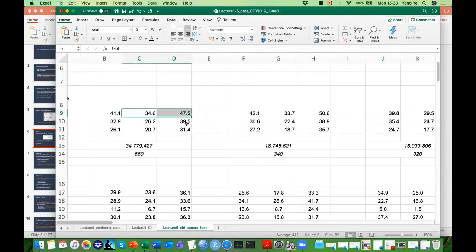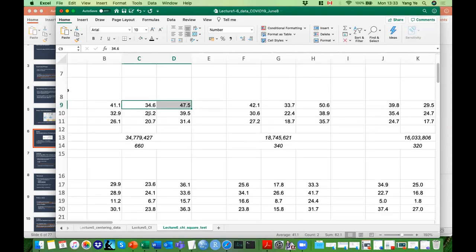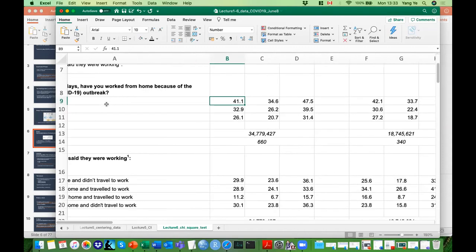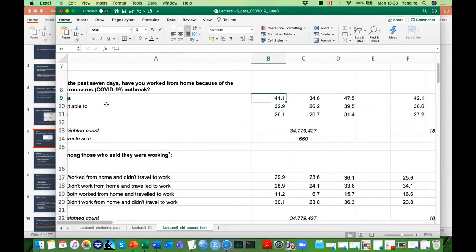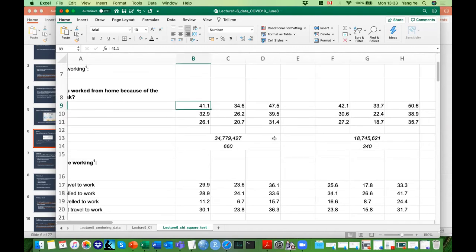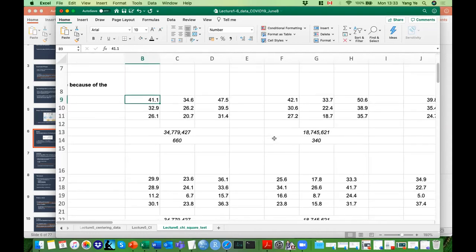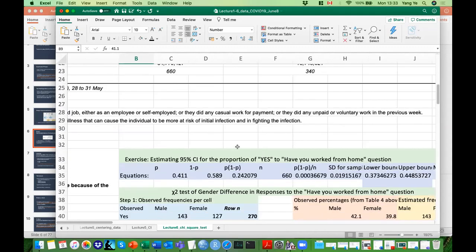So I don't know exactly, but it means that the method they use is a bit different from ours. It could be that they have a different estimation for the population P, right? So instead of using the sample proportion, they could use 50% or something like that as the population P estimate.